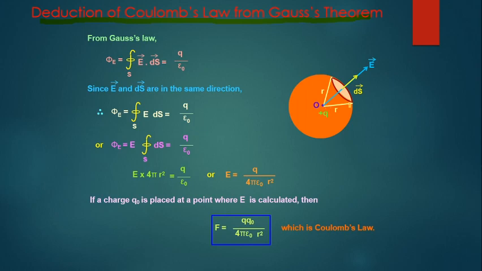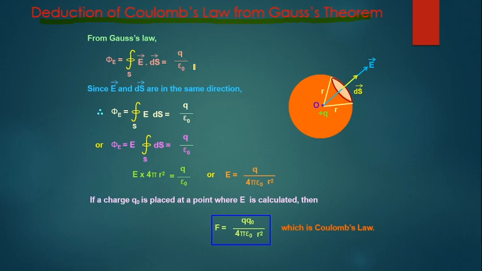This sphere has a radius r, and ds is a small element, so E and ds are both in the same direction. By applying the Gauss theorem for this case, the electric flux over the closed surface, the integration of E ds over the closed surface, is equal to q divided by epsilon naught.